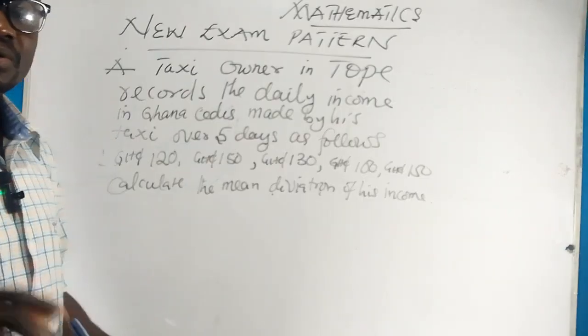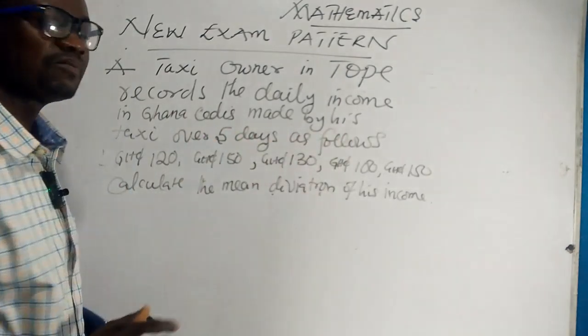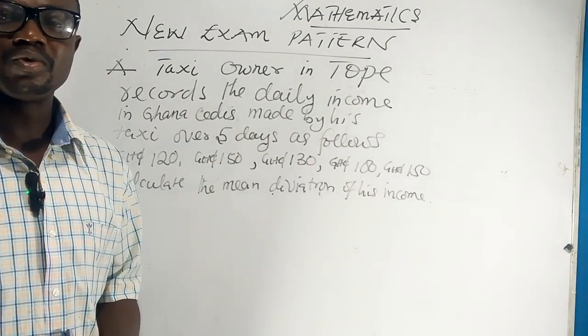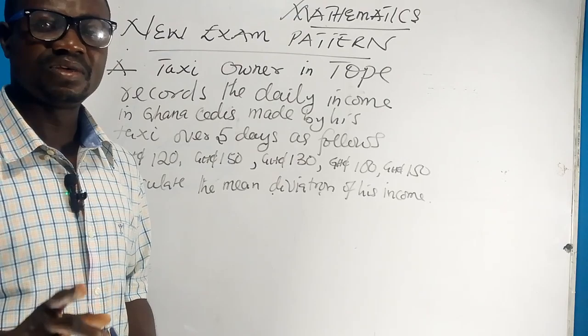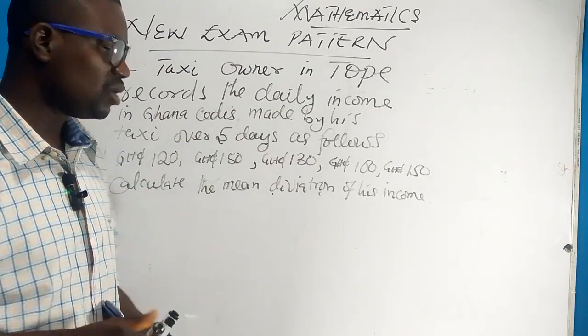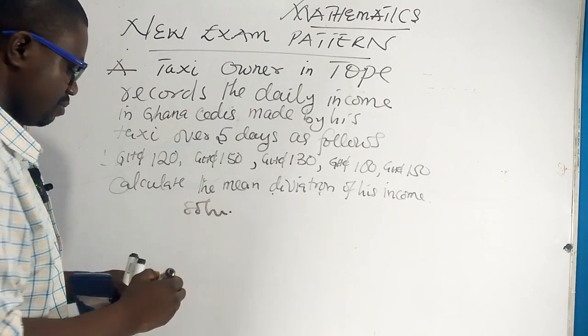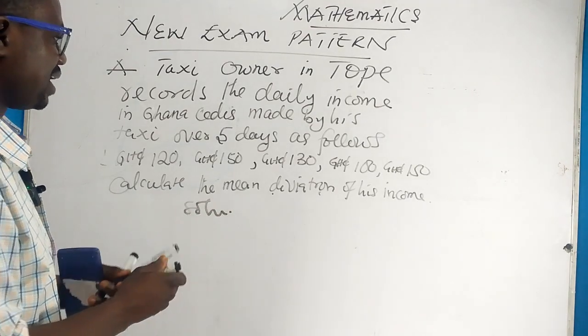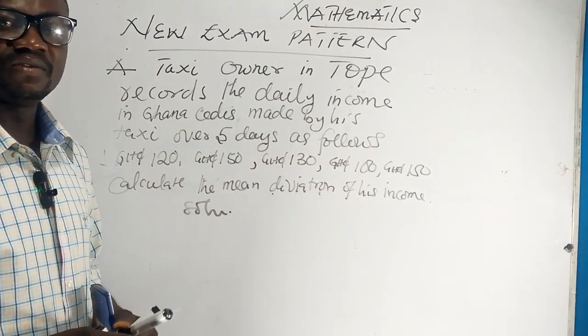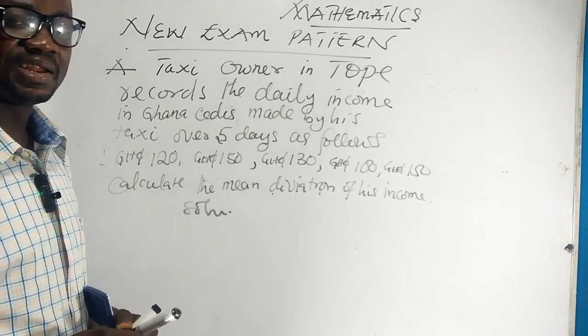Now, in terms of mean deviation of this raw data, the first thing that you're supposed to do is to find the mean. So let's look for the mean. Now realize that mean is given by the addition of all the given values and then divide it by the number.